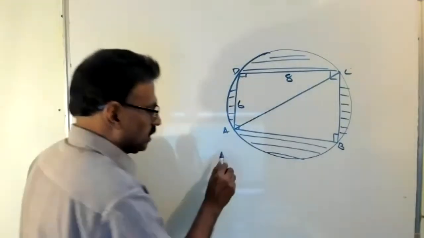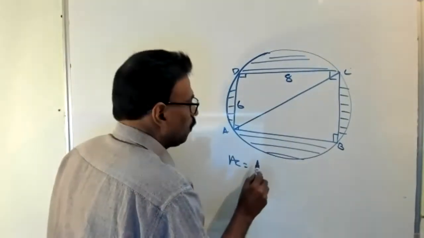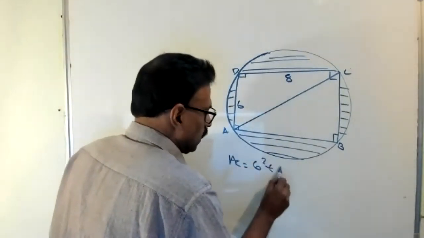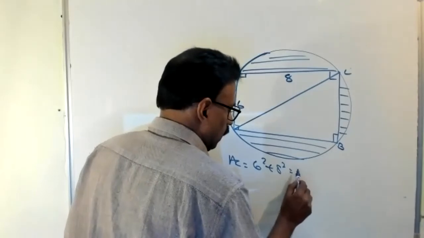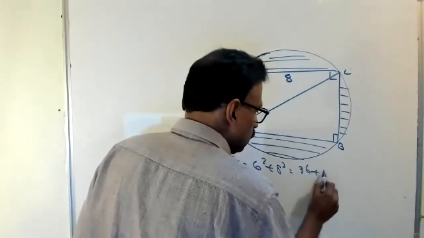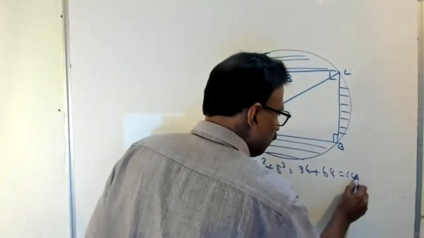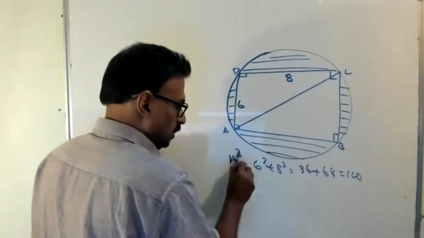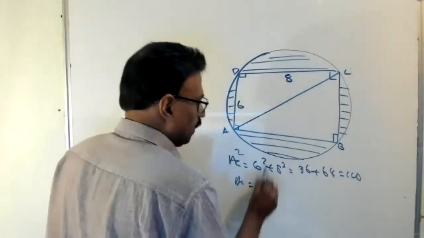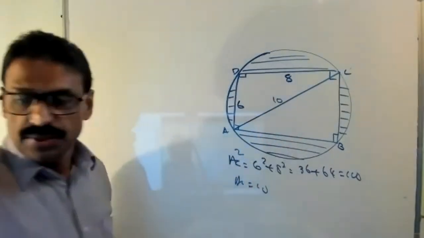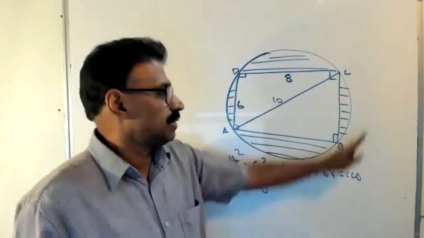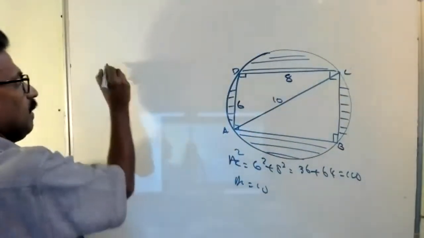Okay. So AC squared equals 6 squared plus 8 squared. 36 plus 64 equals 100. AC squared is 100, so AC equals 10. Now what? You can find the area of the circle.